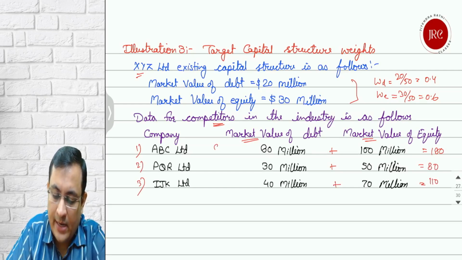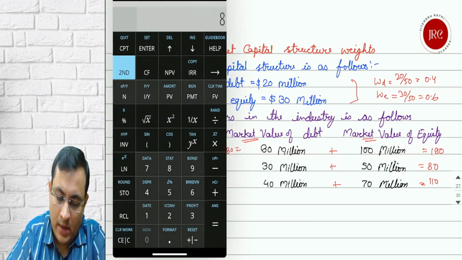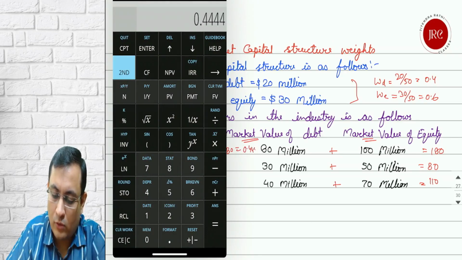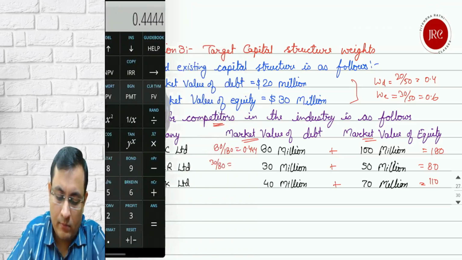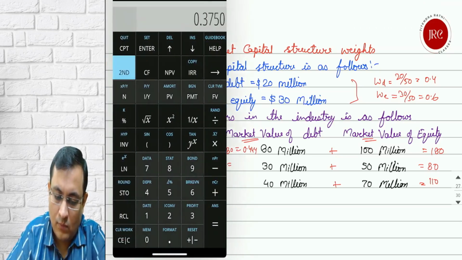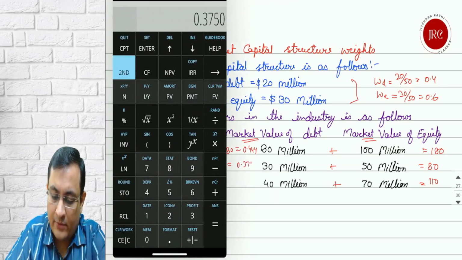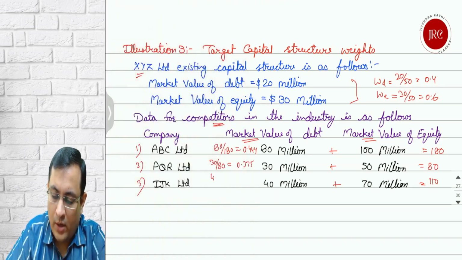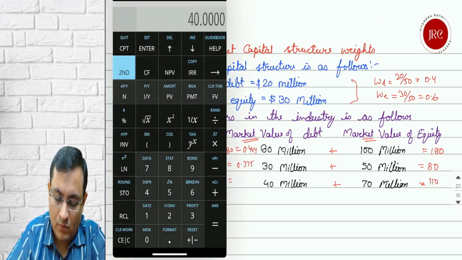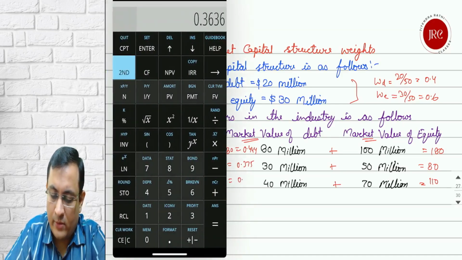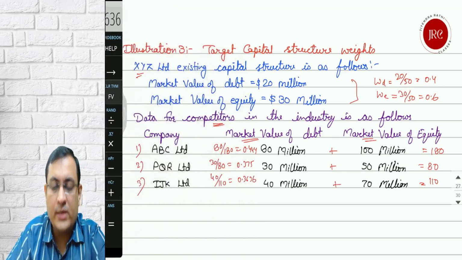In this case, it's 80 over 180, which equals 0.444. Then 30 over 80, 0.375. And last, 40 over 110, 0.3636.